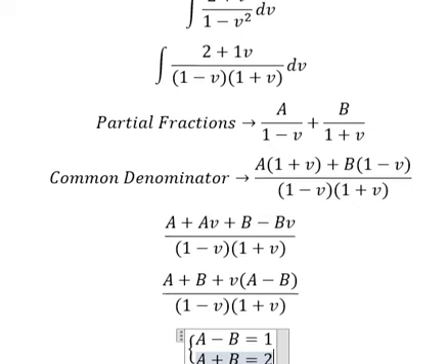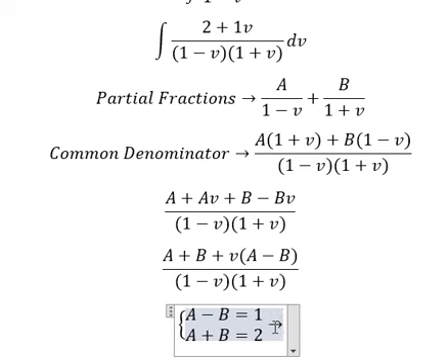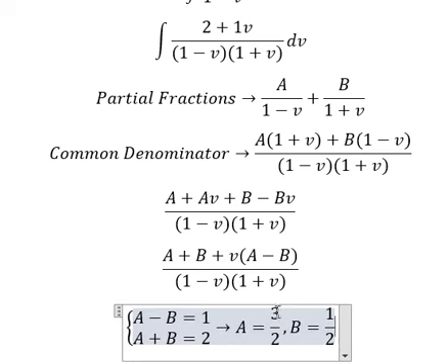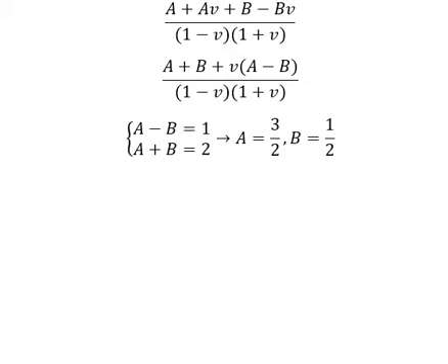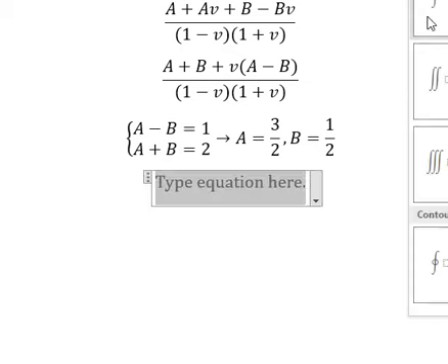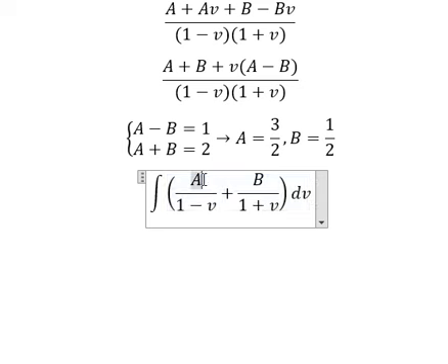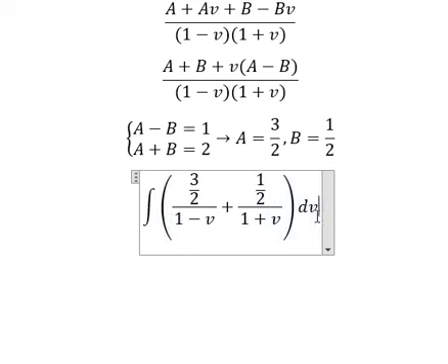So we need to find the solutions of A and B. So A equals 3 over 2 and B equals 1 over 2. So we put A and B go back in here. So A is 3 over 2, B is 1 over 2. And now we have the final answer.